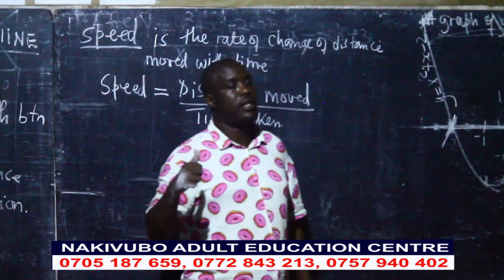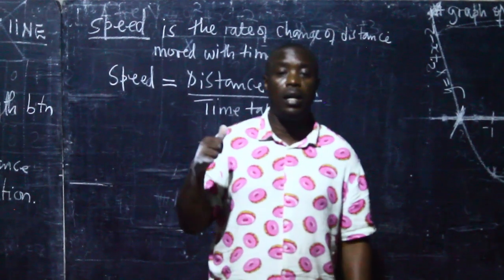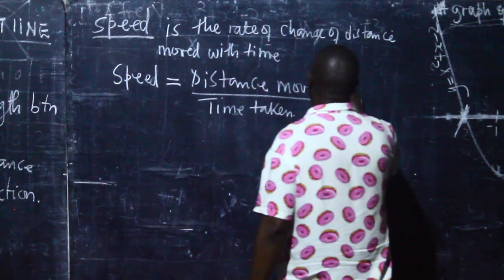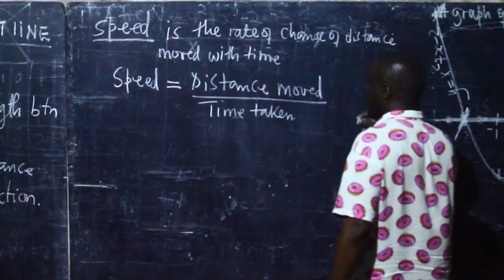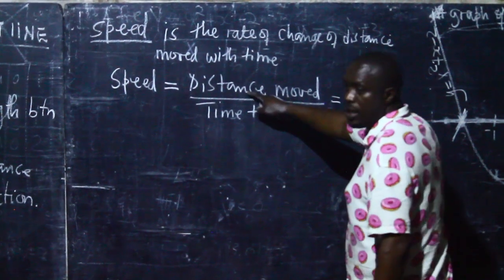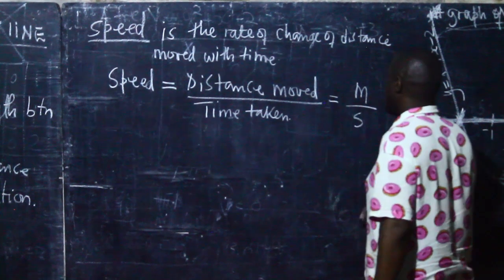Here we don't state direction. So speed is a scalar quantity. The SI unit of speed is meter per second. Remember, distance is measured in meters and time in seconds.